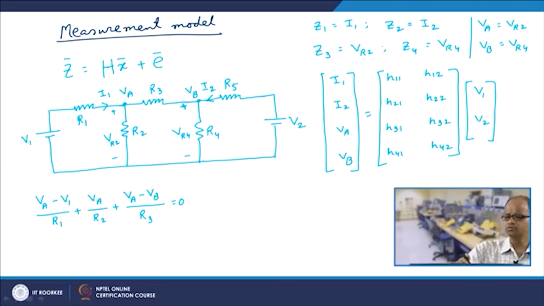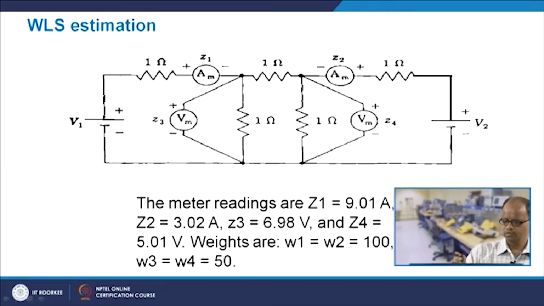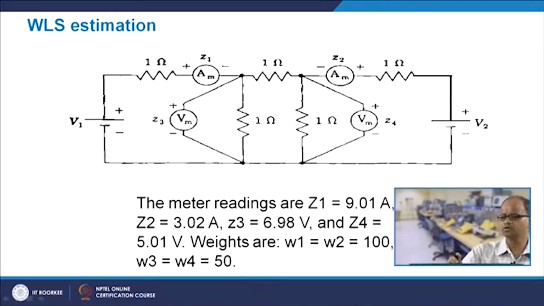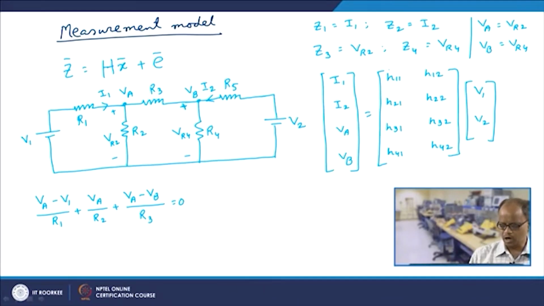Now, here if you note that all these resistances R1, R2, R3, R4 and R5 are equal to 1 ohm. So, because all resistances are 1 ohm, we can write VA minus V1 plus VA plus VA minus VB is equal to 0.